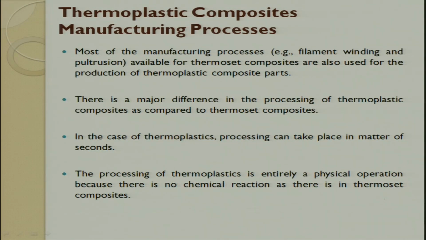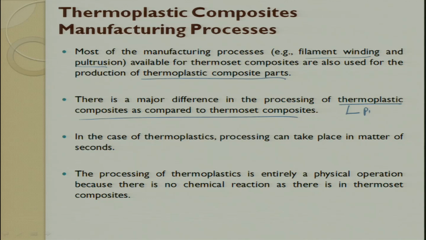So most of the manufacturing processes, filament winding and pultrusion available for thermoset composites, are now thought of slowly getting tweaked to meet the requirements of making thermoplastic composite materials. There is a major difference in the processing of thermoplastic composite as compared to thermoset.